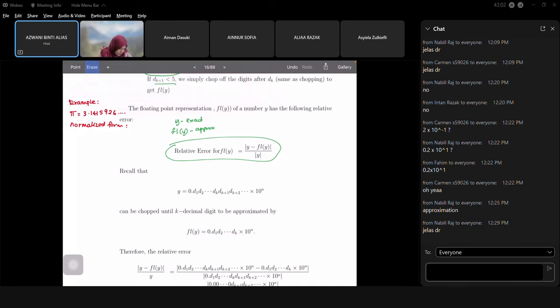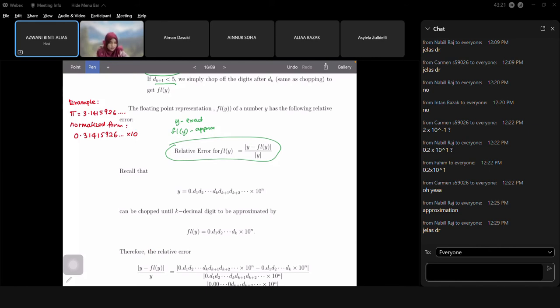So normalized form untuk pi adalah 0.31415926, okay, multiply by 10. Okay, this is the normalized form untuk pi.